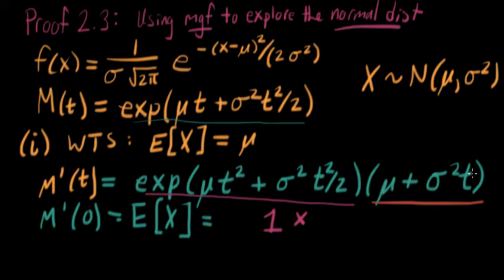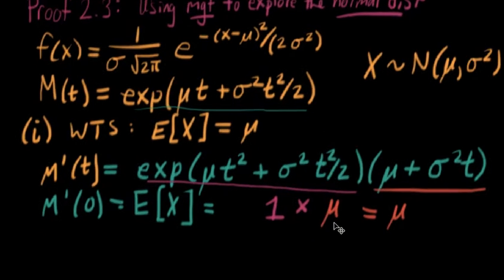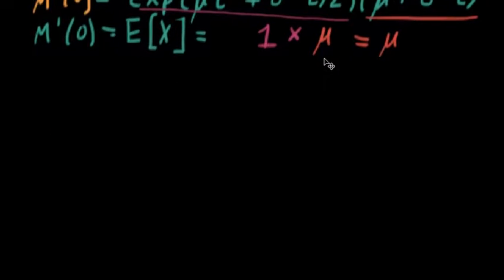Well, substitute 0 in here, we're just left with mu, so we have in fact shown that the expected value of x is mu for a normal random variable x.